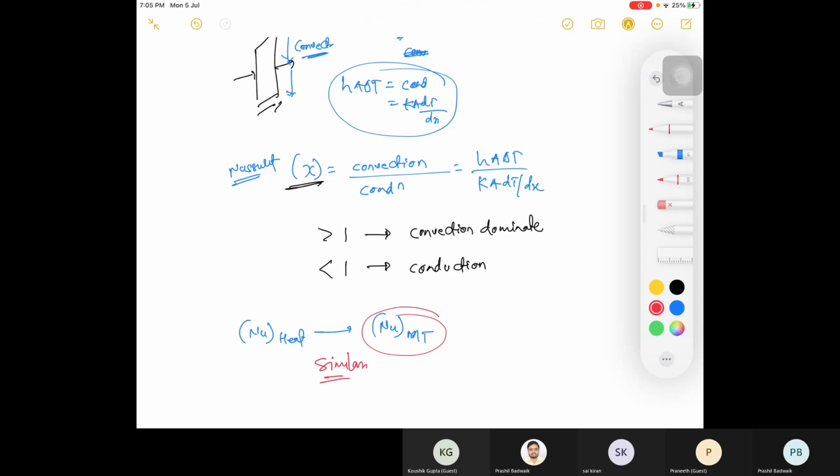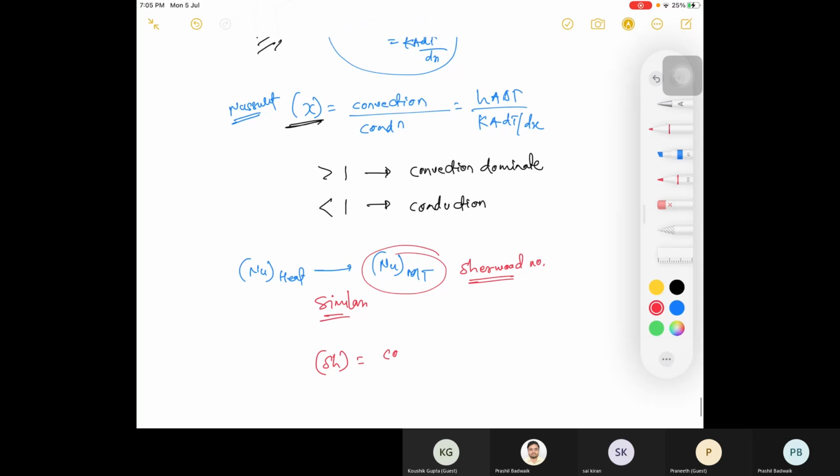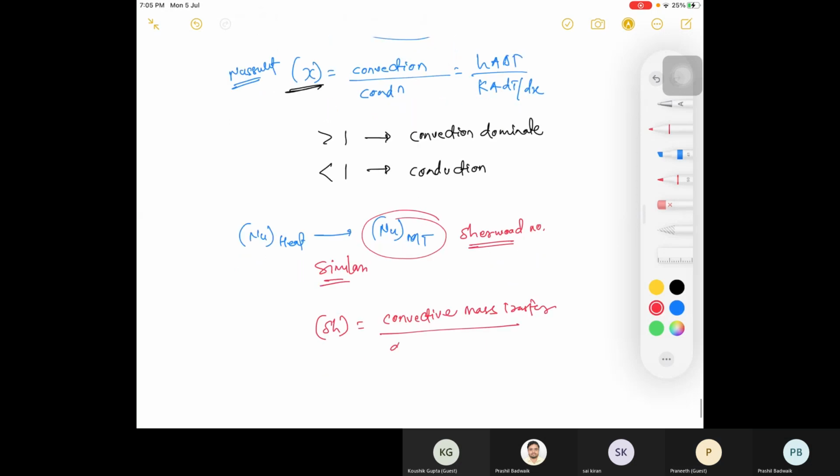That number in mass transfer is called the Sherwood number. What will you compare there in the Sherwood number? Convective mass transfer divided by conduction won't be there. Instead of conduction, there is another name: diffusive mass transfer. Convective mass transfer divided by diffusive mass transfer at the molecular level, right?